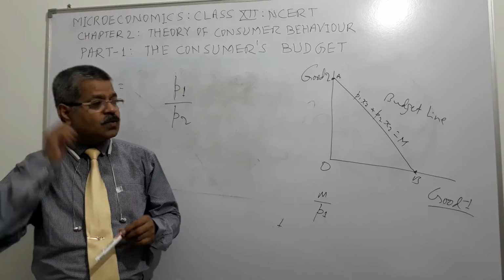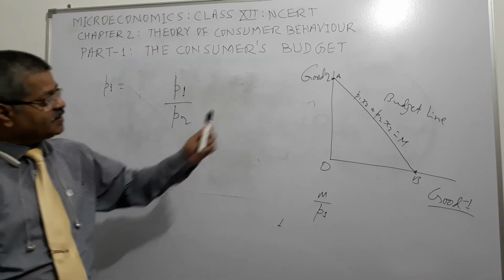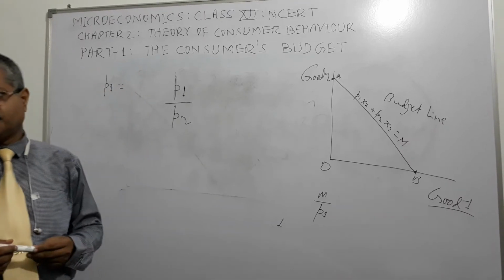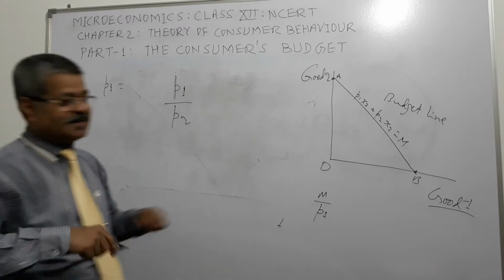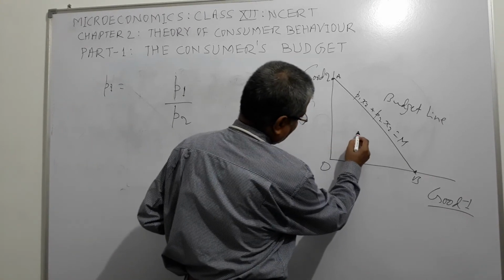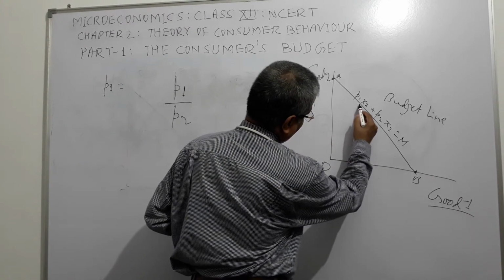Now what happens at points below the budget line, right. See, this is the budget line. So what happens below the budget line? Suppose this is a point below the budget line, right.